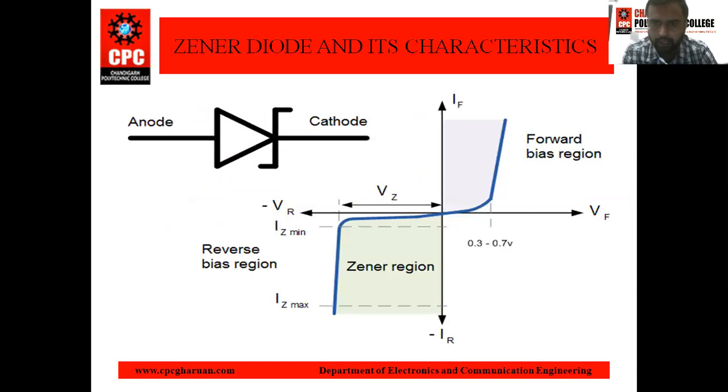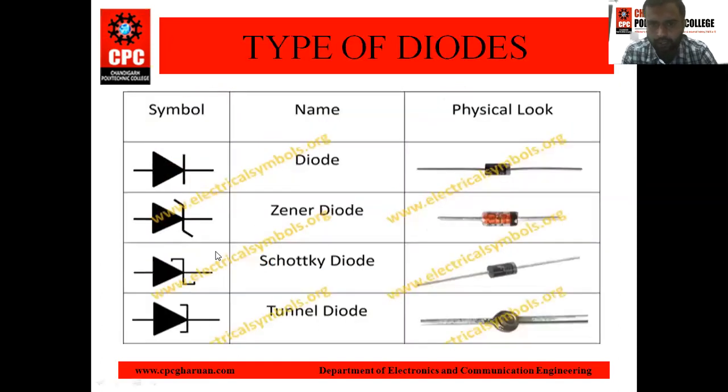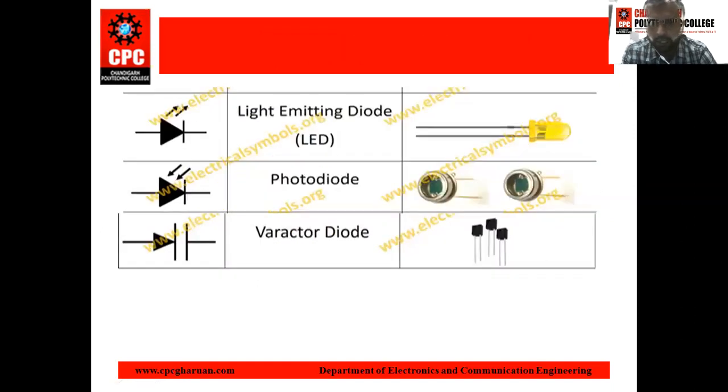In other diodes, like your ordinary diode, Zener diode, Schottky diode, tunnel diode, the losses come in the form of heat. But in the case of LED, the losses come in the form of light. LEDs are used in optical circuits, optical transmitter circuits. LED lasers are used.